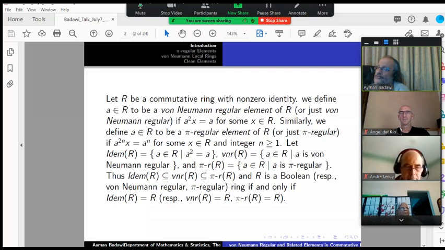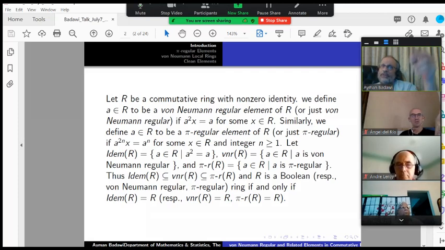And of course, you know what I mean by the idempotents of R. You need to follow this notation: V(R) is just the set of elements a in R where a is a von Neumann regular element.